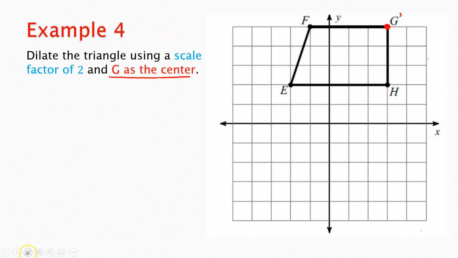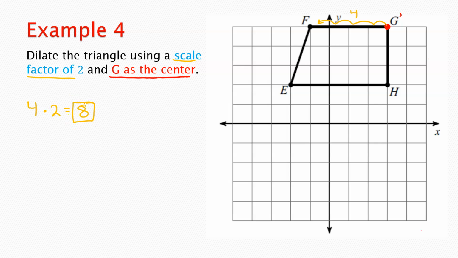So let's take it one side at a time. What should the distance from G to F be? From G, it used to be 1, 2, 3, 4 units. Well, let's apply our scale factor of 2 to that. What's 4 times 2? That is going to be 8.